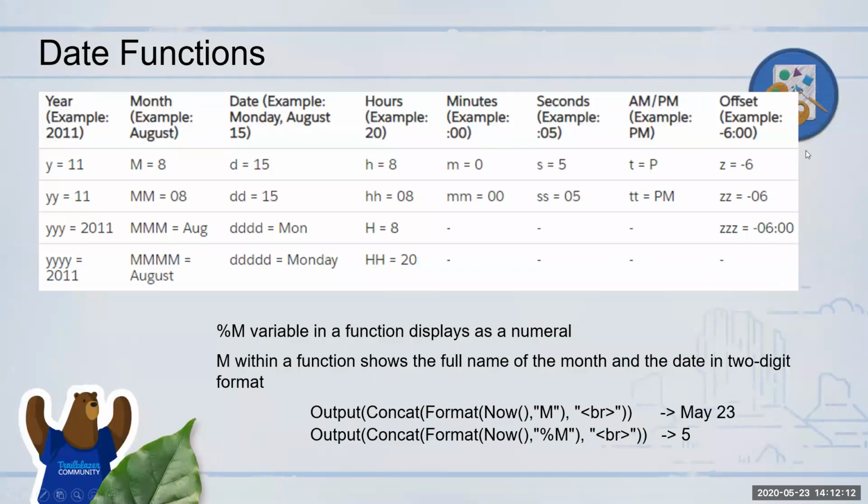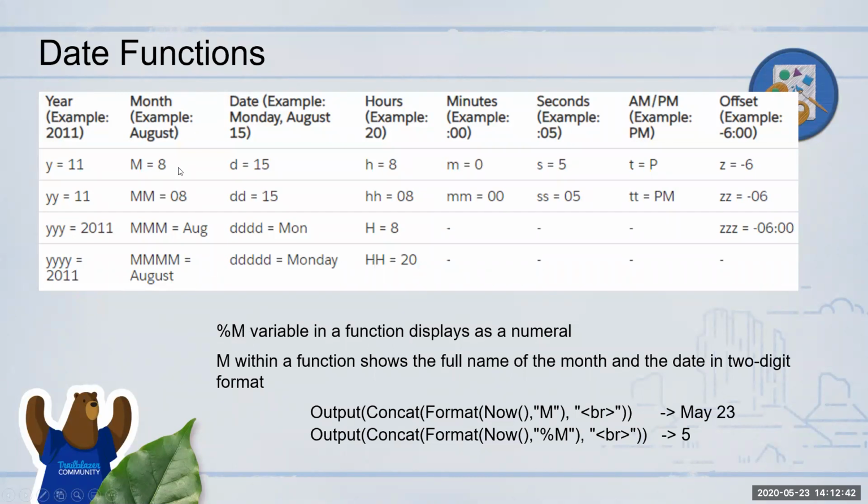And this one is definitely in the documentation in Salesforce, quite useful. Because when you work with date functions, you always wonder, okay, what is the format value that I need to provide if I want to get the correct format in which I want the specific year or the month or the date, etc.? So this is quite useful for how you want to retrieve it. The month field M behaves very differently.